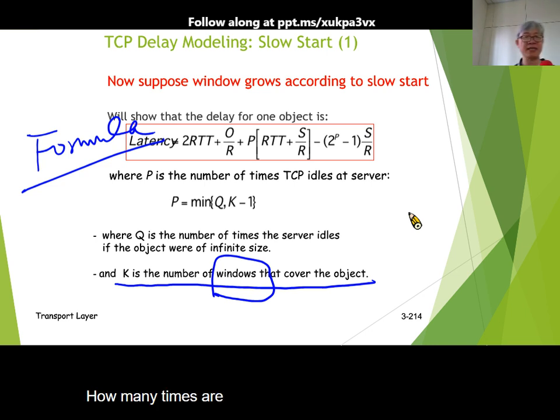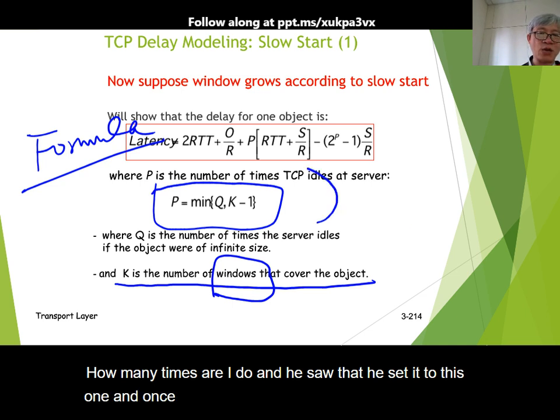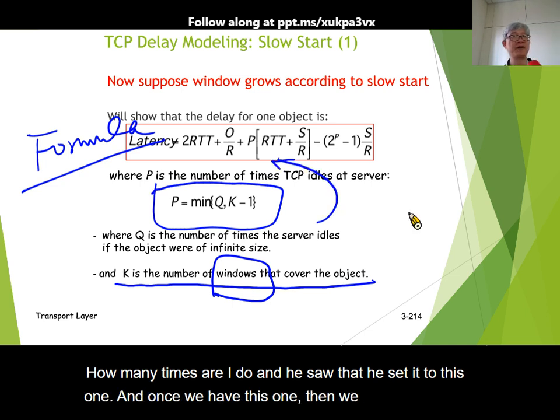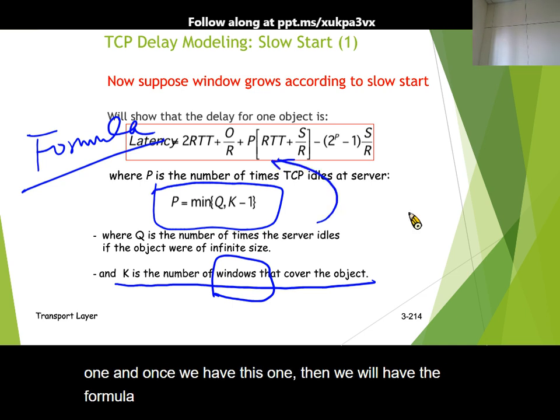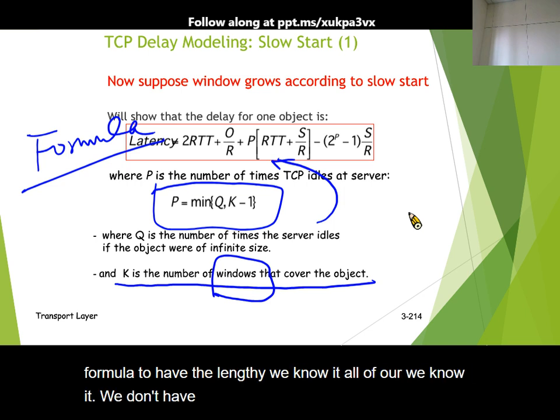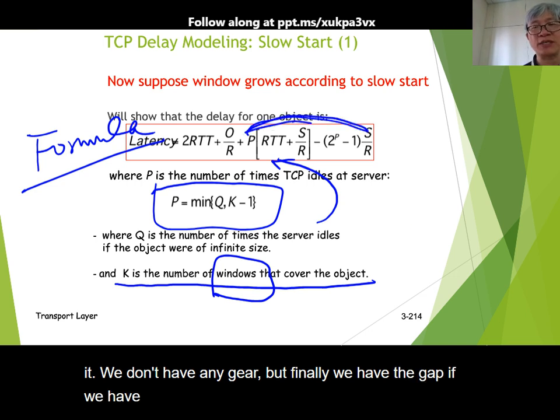And so P is set to this one. And once we have this one, then we will have the formula for the latency, the delay. 2 RTT, we know it. O over R, we know it. We don't have any gap. But finally, we have the gap.